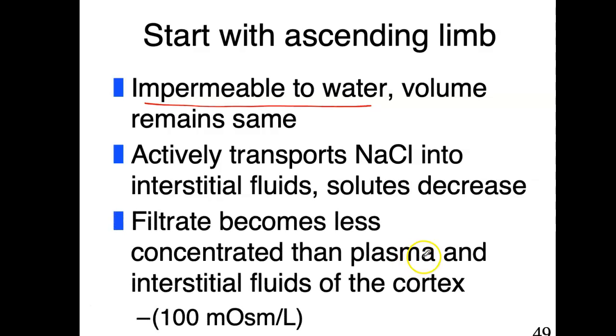Think of what happens to the filtrate that stayed behind: it becomes less concentrated than the plasma that fed into the glomerulus and came down through the nephron. If we gave a number to it, it's about 100 less milliosmoles. But let me show you in pictures in a minute.